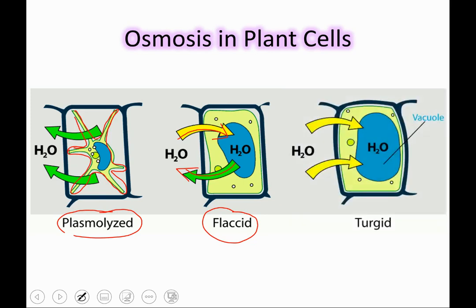If I do the opposite and put my plant cell into pure water, so there's a higher water potential outside the cell than inside, the water will move in by osmosis and the plant cell will swell up, and the membrane will push on the walls of the cell. It will push outwards and the cell will get all swollen up and solid, and that is called turgid.